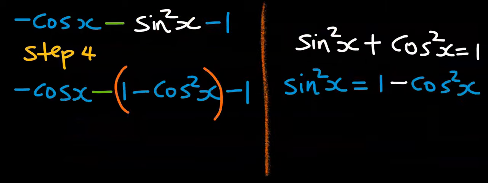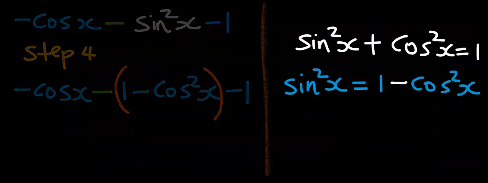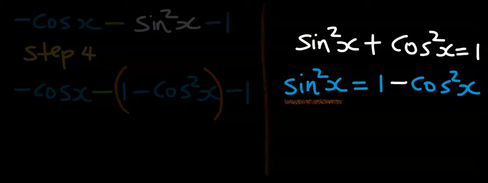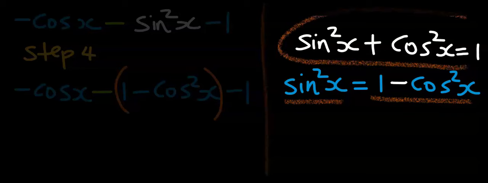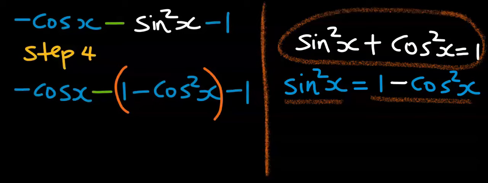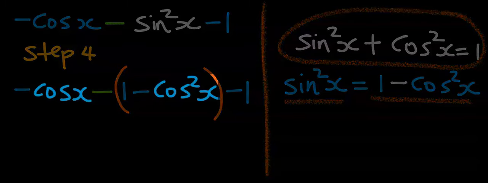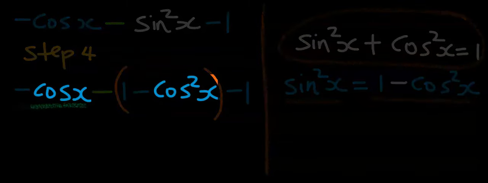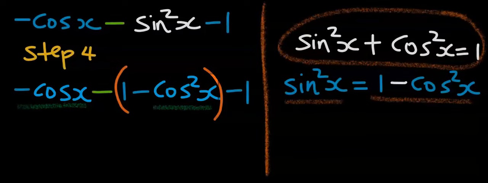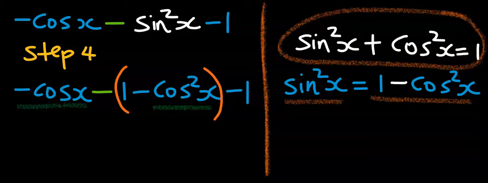Hence, in step number 4, instead of sin squared x, I will now write 1 minus cos squared x, which we obtained from this identity by making sin squared x the subject. Hence, I've achieved my aim by making everything in the function cos x.